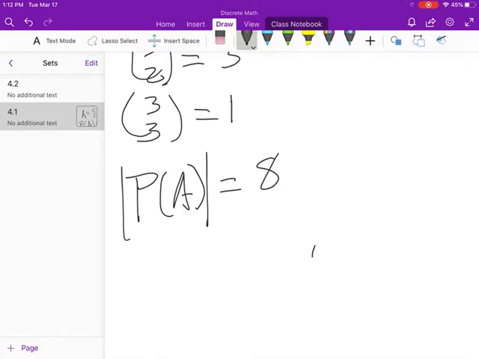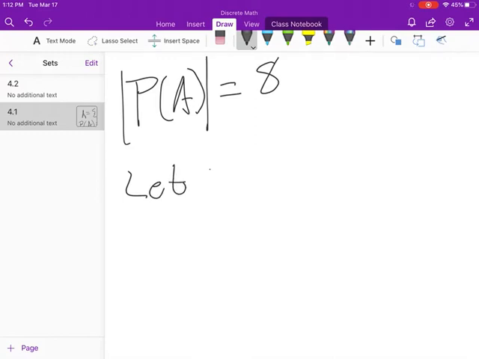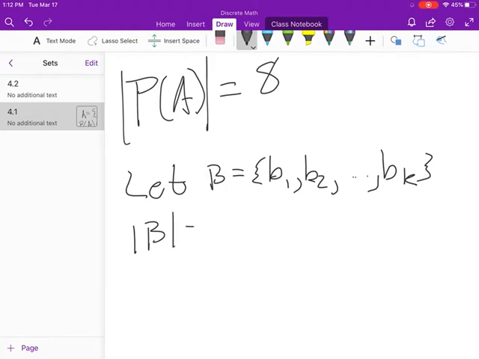Something I'll say is that if I have a set defined, so let B be some set with elements B1, B2, all the way up to Bk, notice that this means the cardinality of B is k.